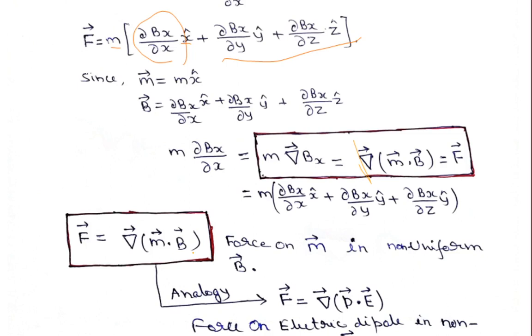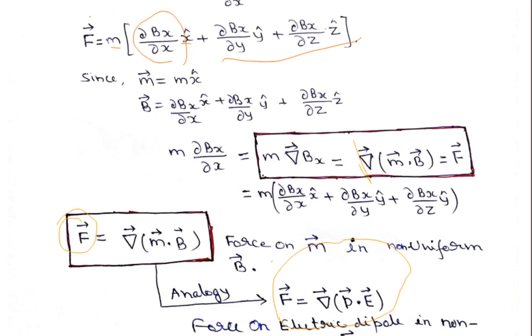If you compare this with the force on an electric dipole in a non-uniform electric field, that was, if you remember, F is equal to del operator of p dot E vector. So both are analogous, means both run parallel.